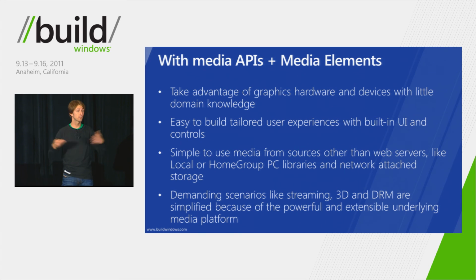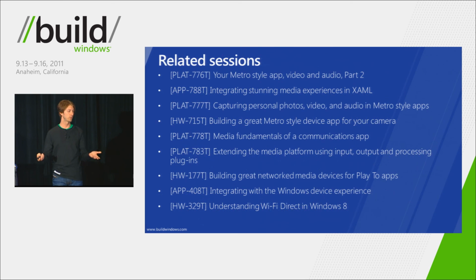You may customize to your heart's content, but we've made it very, very simple for those of you who don't have a desire to do so, which I think traditionally is kind of a reversal of the model that we followed. It's simple to use media from anywhere, whether that media is on a web server, on your local file system, or on a network-connected PC in your home. And we provide these demanding scenarios like stereoscopic 3D, DRM, streaming. All these functionalities come out of the platform through the set of WinRT APIs in Windows.Media.